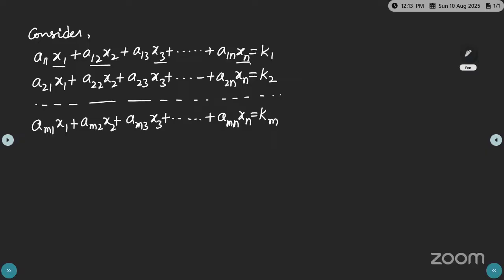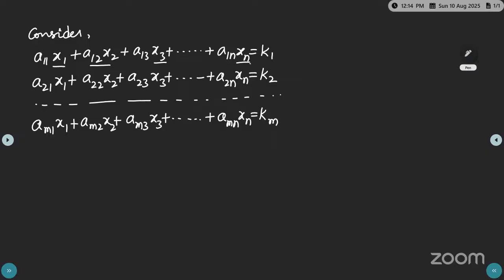If it is 0, we are not going to write it. So if it is maximum 1, we call it linear. How many variables are there? x1, x2, x3, x4, so on, xn. n variables are there. All n variables are having only 1 as their power.